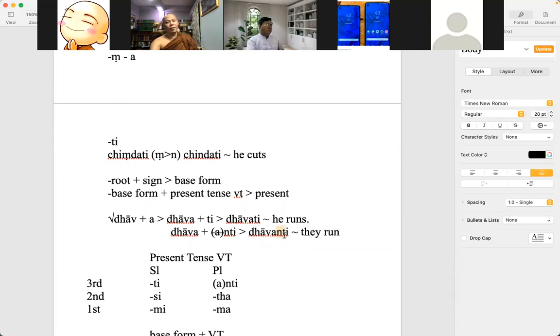So maybe, before the double consonants, when we use a double consonant, the first one stresses the former, previous sound. So before the double consonant, when we see any long vowel, its sound becomes short, even though it is dawa, dawanti. So also here, dawanti.